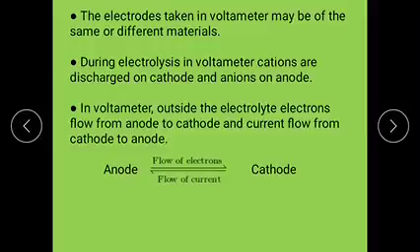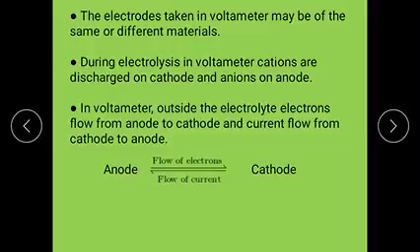In the solution, we place two different electrodes or the same type of electrodes, which act as anode and cathode.